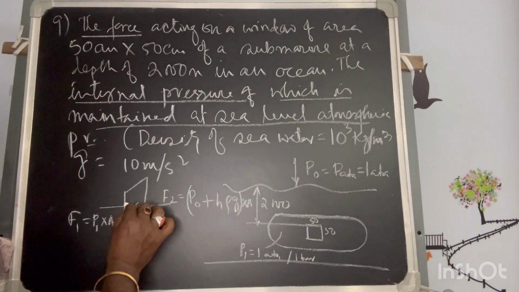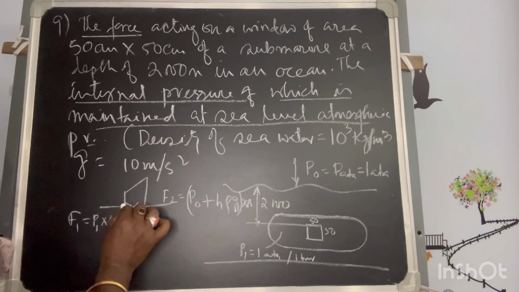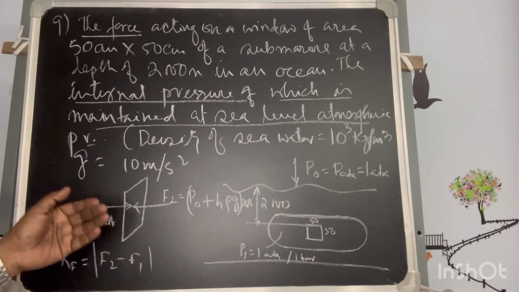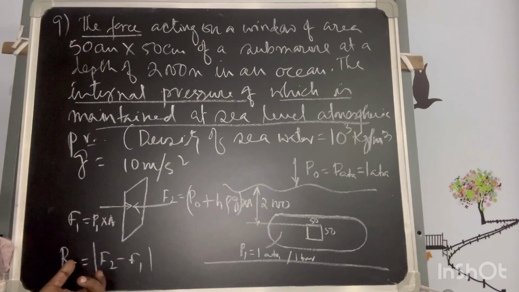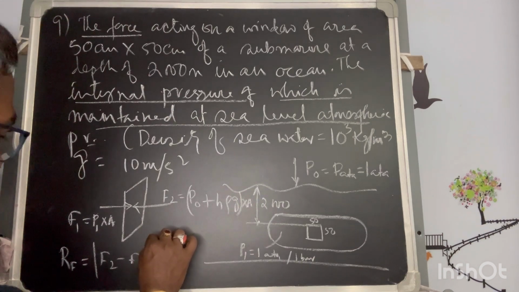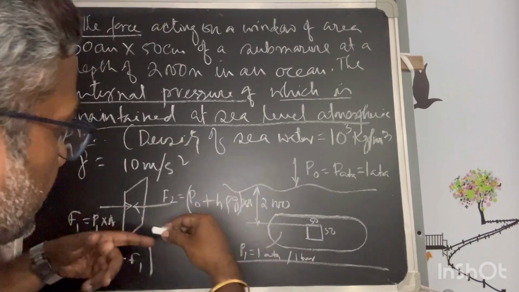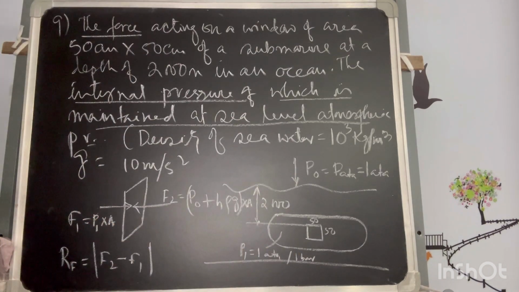As force is a vector and two opposite forces are acting on it, the resultant force will be the difference between the two. The resultant direction will be in the direction of the force which is more, but the value will be the difference between the two, because these are acting in the opposite direction.